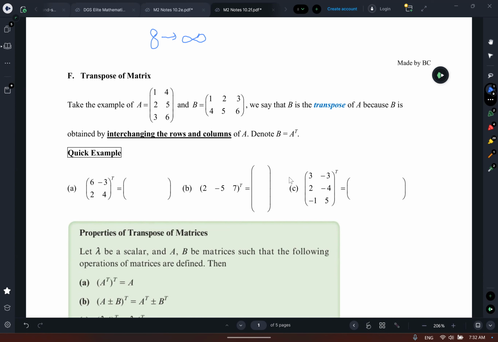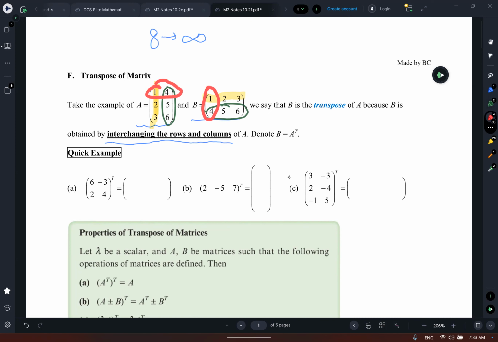You see, there are two matrices, A and B. Transpose is interchanging the rows and columns. What does that mean? That means the columns in A are the rows in B. Also, the rows in A are the columns in B. So that's the transpose.